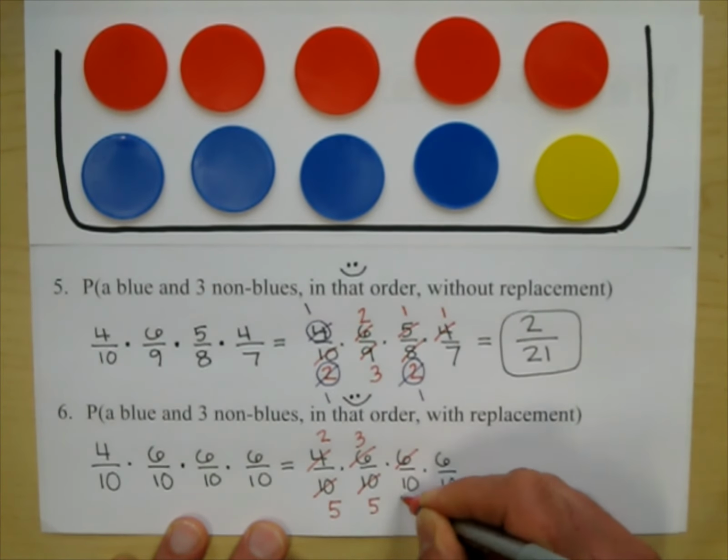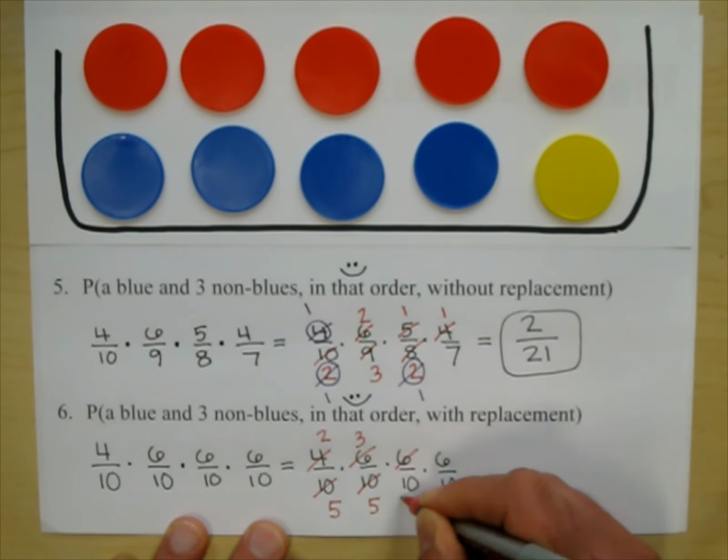Okay, now let's go ahead and do problem number 10. In that order. Now, in that order is one where I can just do one probability at a time. So what is the probability I pull a blue out of this box here?